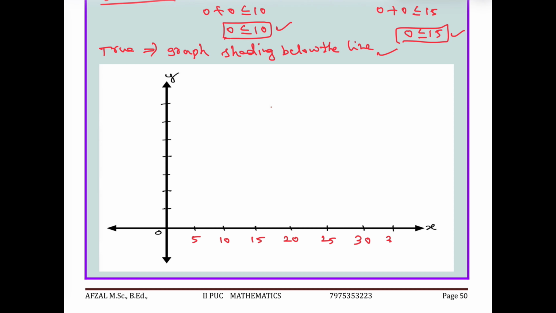Next, second main, fill in the blanks. Options will be given. We have to choose the correct answer in fill in the blanks. The first question, that is 16th one, is cos of pi by 6 plus sin inverse of minus 1 by 2. Sin inverse negative is minus sin inverse, that is minus sin inverse 1 by 2.